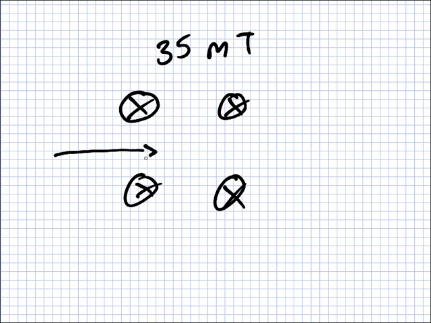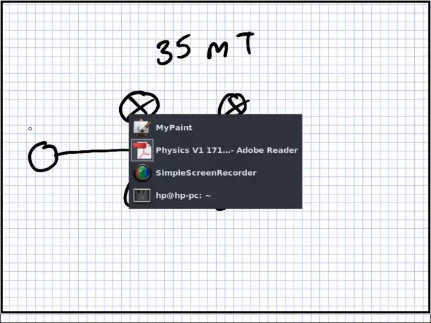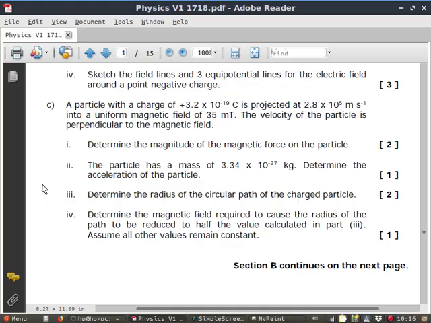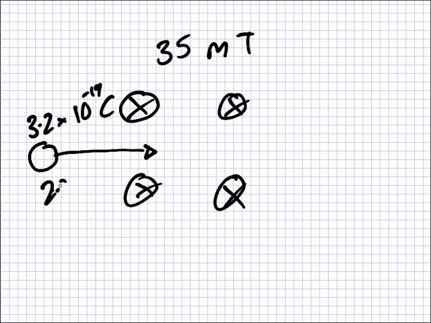And you have the particle that goes in, its charge is 3.2 times 10 to the minus 19 coulombs, and its speed is 2.8 times 10 to the 5 meters per second.